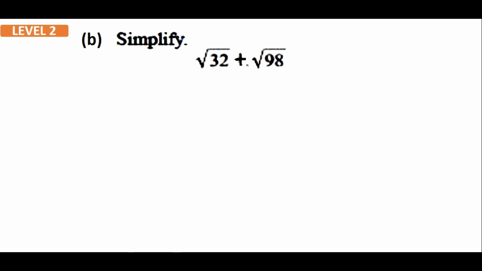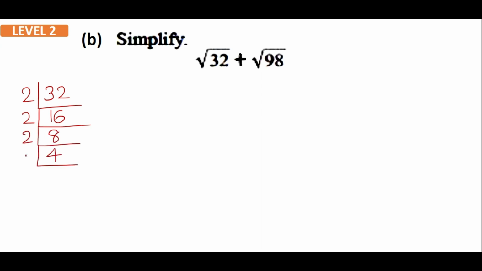Question B, simplify: square root of 32 plus square root of 98. Now in this case, first I'll prime factorize 32. So 32 can be written as 2 times 2 times 2 times 2 times 2.